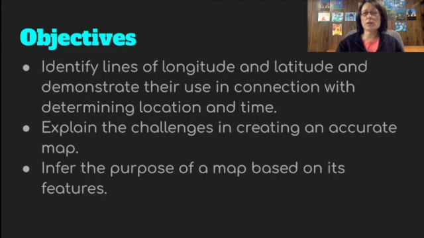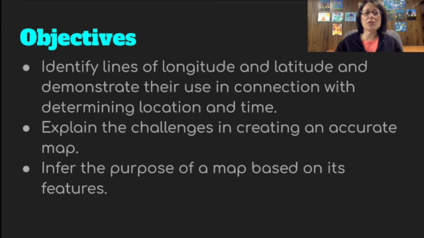Okay, so we're done with this section. We're done with this chapter, although I do have a lot of activities planned for us. And in this section, we have identified lines of latitude and longitude. We're going to use these in class to determine locations and also to figure out different times in different places.